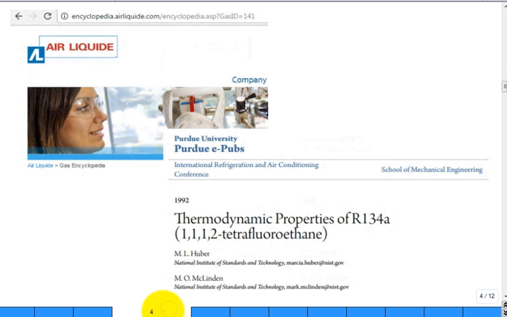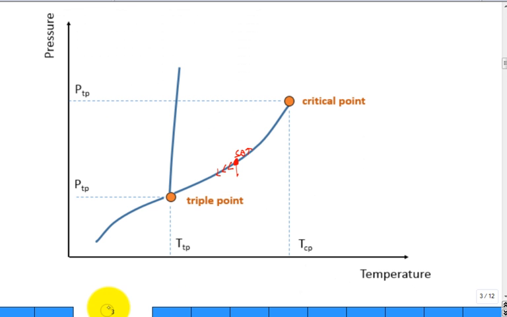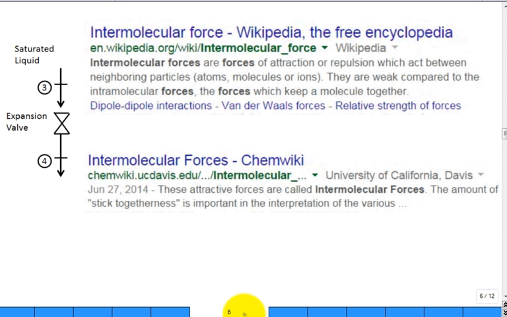Let me back up here. There are intermolecular forces that exist in a liquid. They're not the intramolecular forces, which keep a molecule together, but they are the forces that keep a liquid together, the molecule-to-molecule attraction. When you pump heat in, you can break it and make it go into the vapor state.